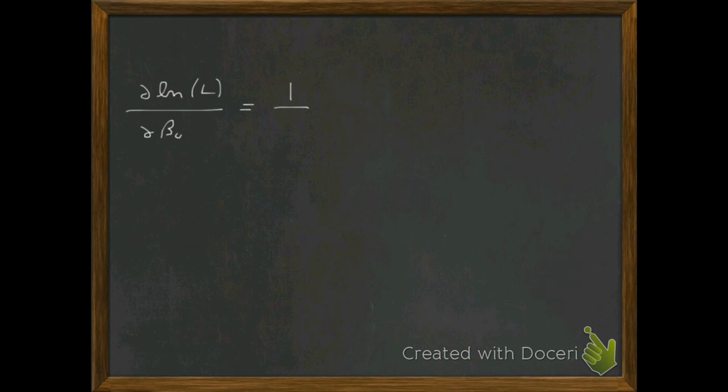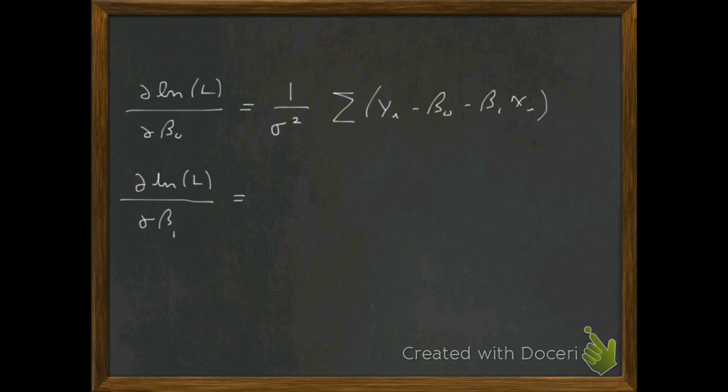And guys, this is going to turn out to be 1 over sigma squared. And the partial with respect to beta 1 is 1 over sigma squared, which gives us this.